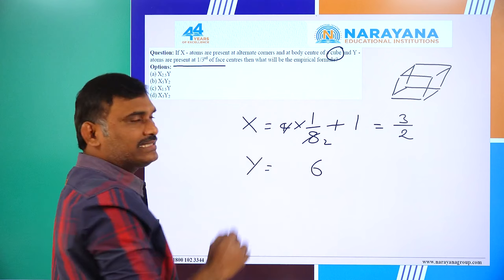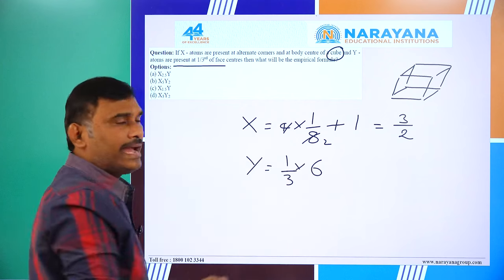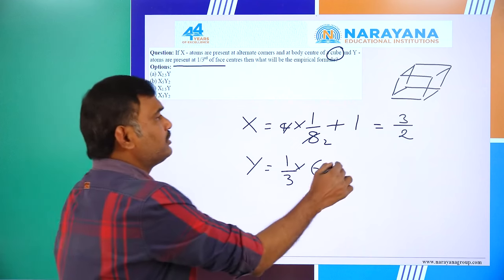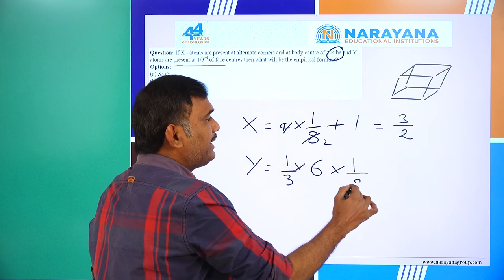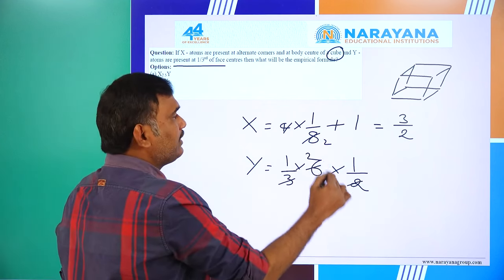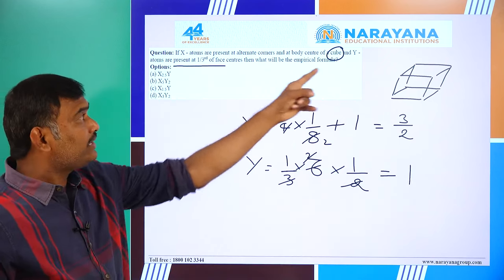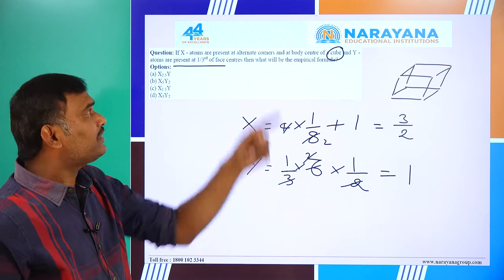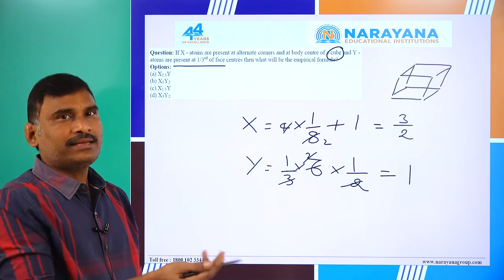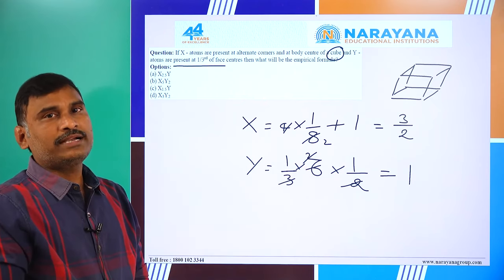The total number of face centers is 6, 1/3 means 2 face centers only, and each face center atom or lattice point contributes 1/2 part.